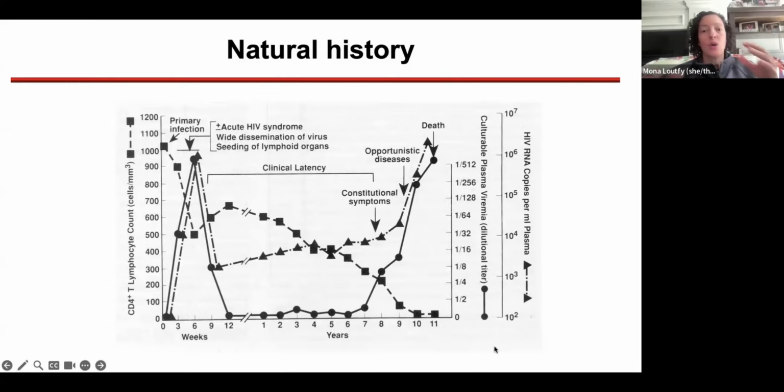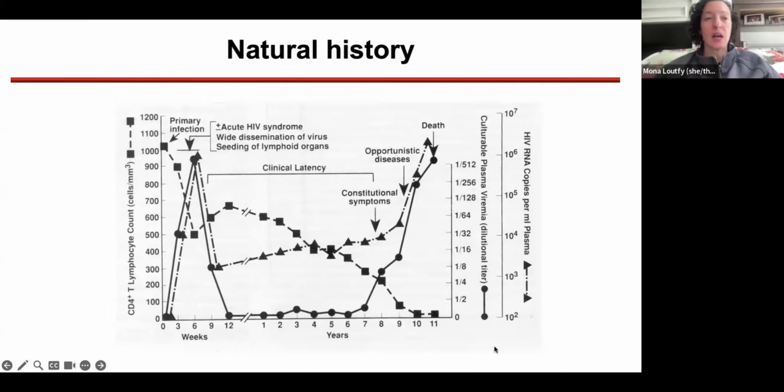Do you see that? So when somebody gets infected with HIV, they don't get sick right away. The sickness happens after a week or 2 or 3 weeks. And what do they get? Well, it's a virus. So they get a flu-like illness.